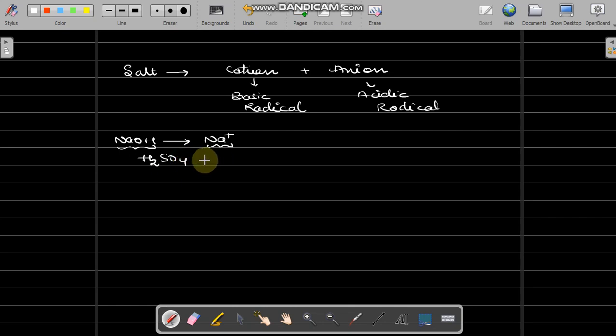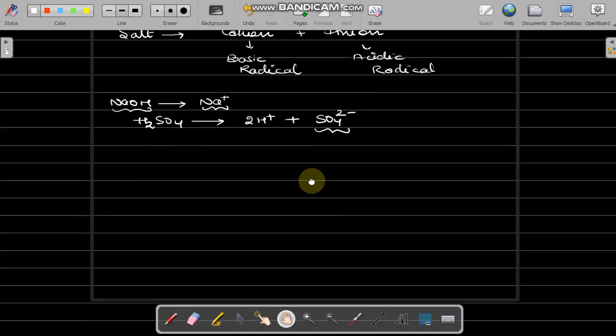Similarly, H2SO4 dissociates into H+ ion plus SO4 2- ion. Now this sulfate ion we have obtained from the acid. Therefore, it is called an acidic radical.